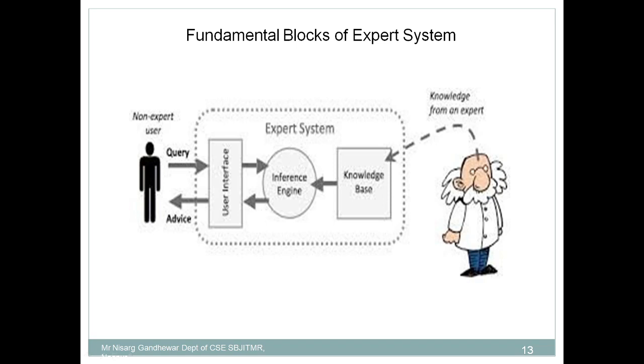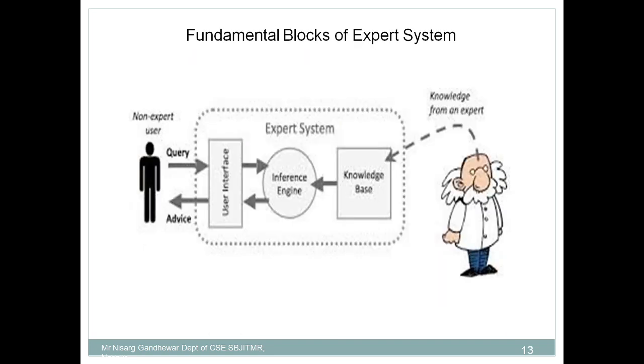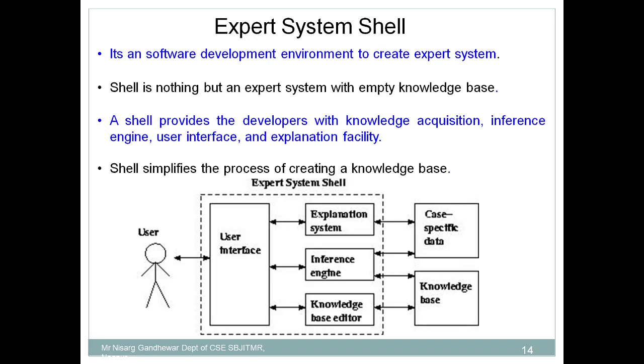Now the next thing is how to design an expert system. Developing an expert system is costly; it is not easy, or you can say it is not cheap. So in order to reduce the cost of developing an expert system as well as the time required, we need to use a specific template.